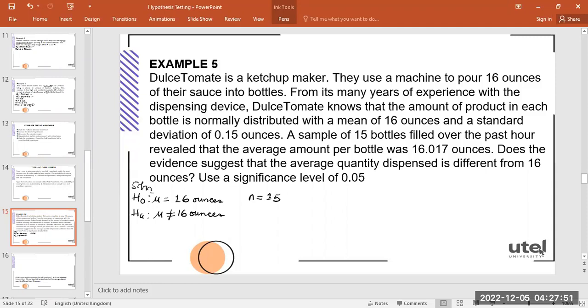In other words, it was sampled, and it was found that there was a standard deviation of 0.15.